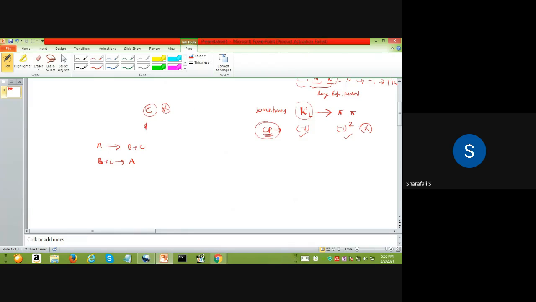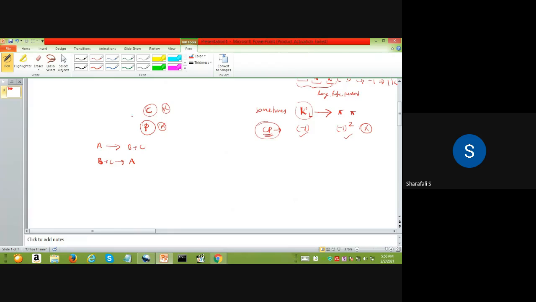When we look at parity symmetry, parity also is violated in weak interaction. We already discussed beta decay processes, and we observed that parity is violated in that reaction. Parity symmetry is not there.